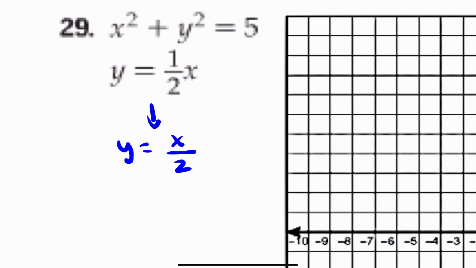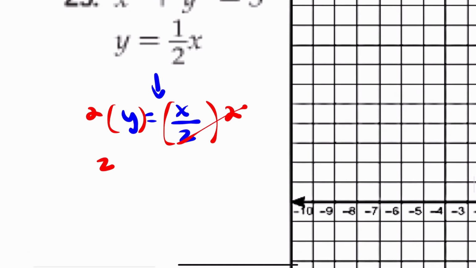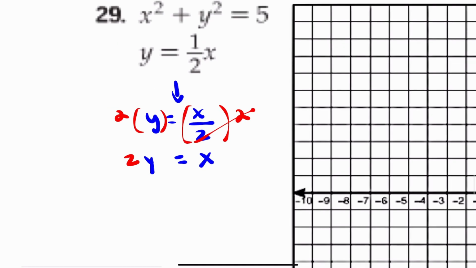Note that we have that 2 in the denominator, so I need to multiply both sides of the equation by 2. So let's cancel the 2's. So I have 2y equals x, okay? So x is 2y.